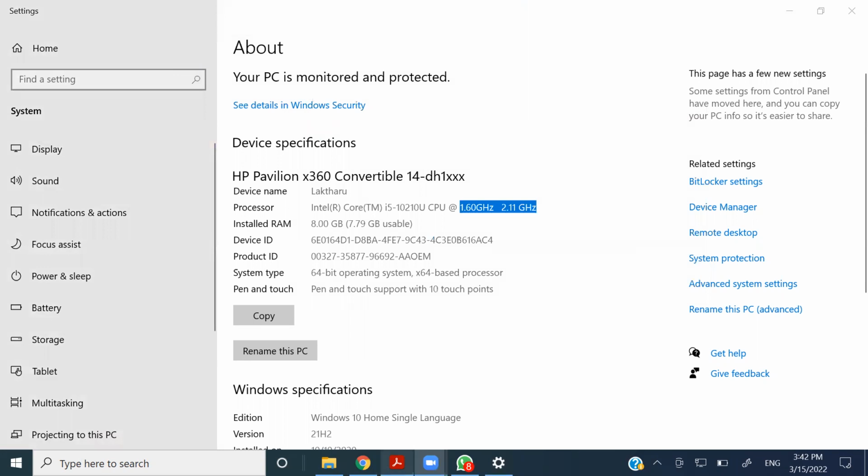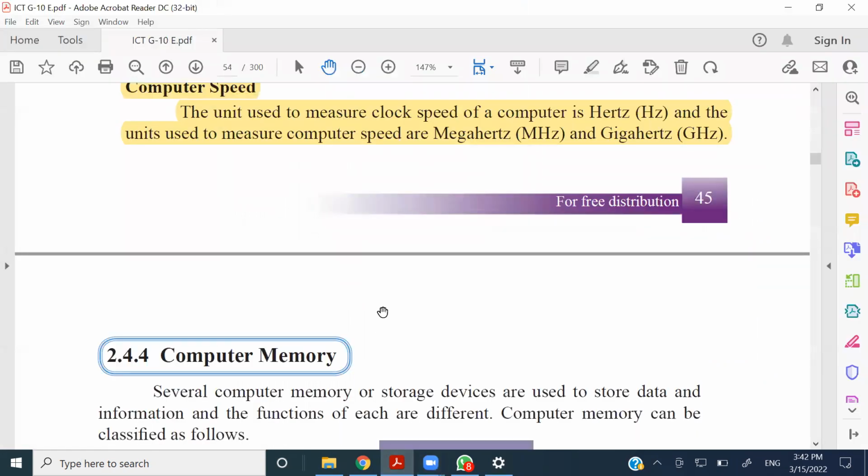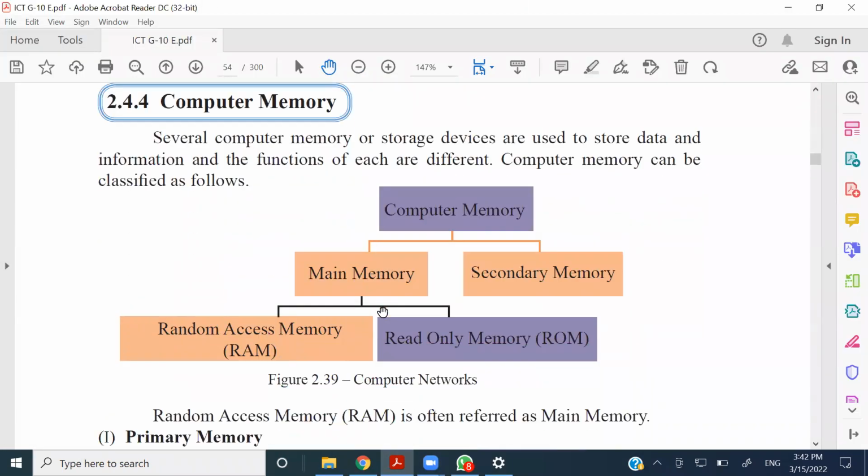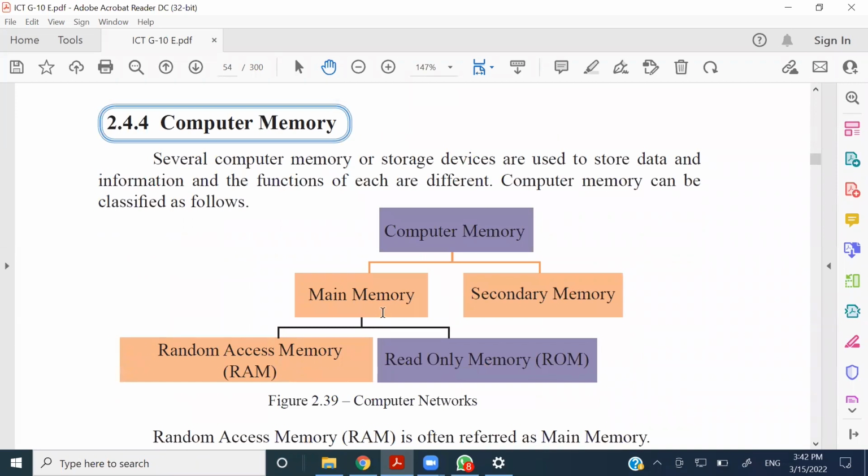So after the computer speed, we are coming to the memories. Right. Now you can remember last time when we were assembling the computer, we installed the random access memory, right? Which is kind of a main memory that we can find on the computer, right? So generally, computer memory is divided into two parts like this, the main memory and the secondary memory.